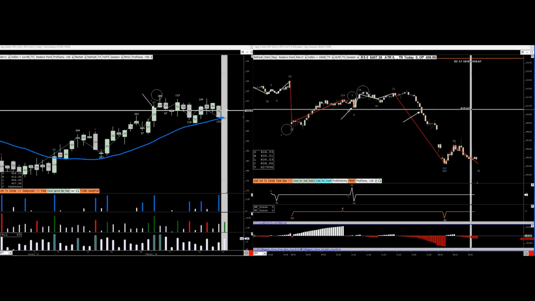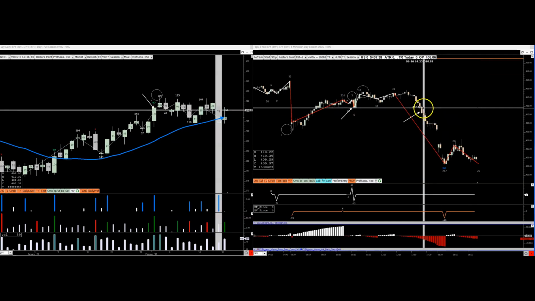How do you know it's the markdown bar or the markup bar? Because before it, you have something called a springboard. What does the springboard do? It basically moves you from one phase to the other. It springboards you from accumulation to markup and from distribution to markdown.